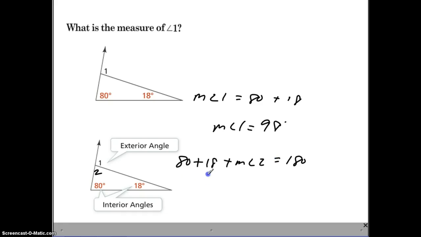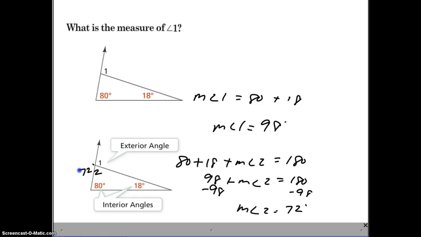Well, 80 and 18 is 98 plus the measure of angle 2 equals 180. So if I subtract 98 from both sides, I get that the measure of angle 2 is 72 degrees.